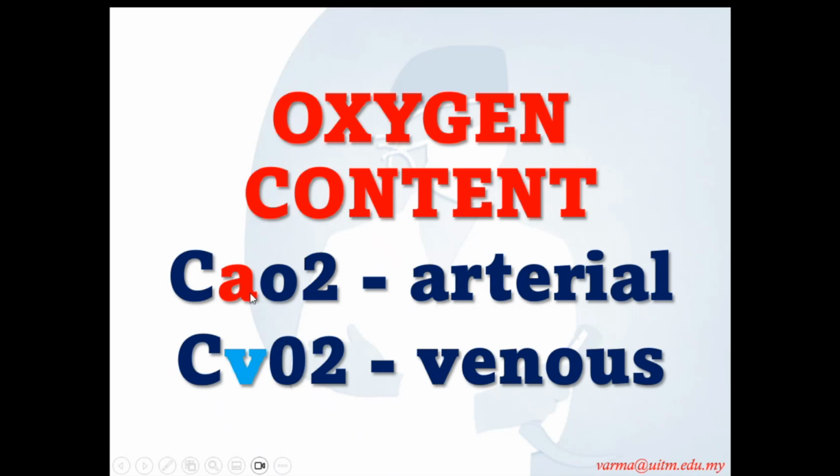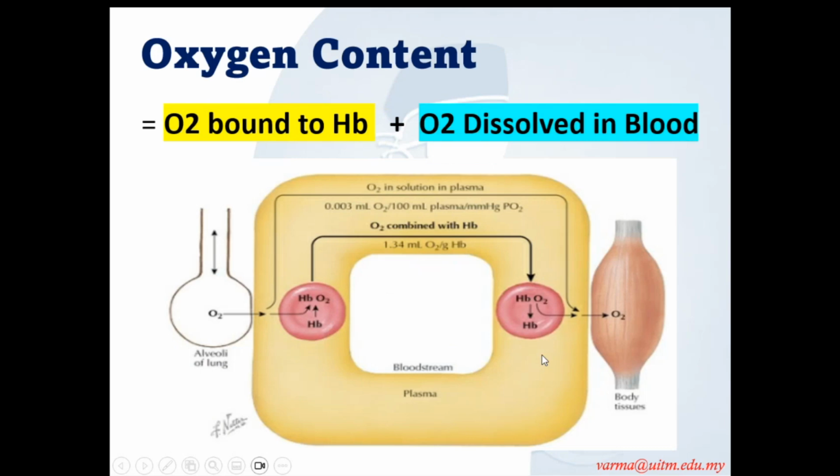Oxygen content in your blood, be it arterial or venous, exists in two forms: oxygen that is bound to hemoglobin, or oxygen that is dissolved in blood.